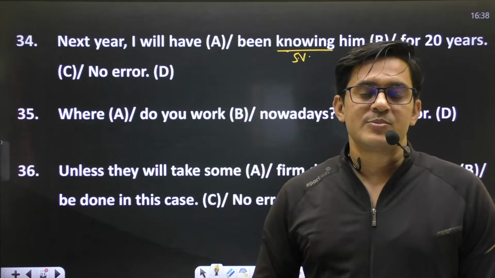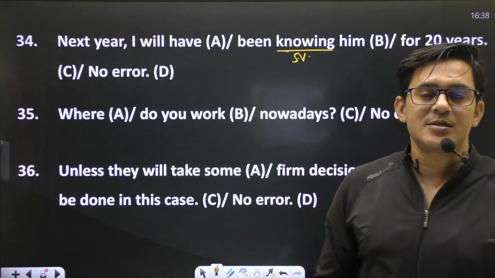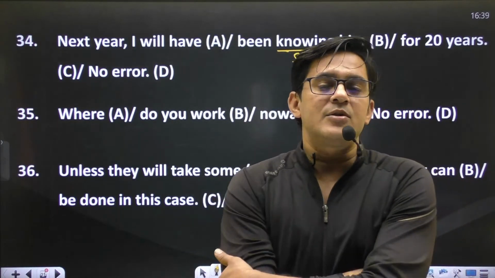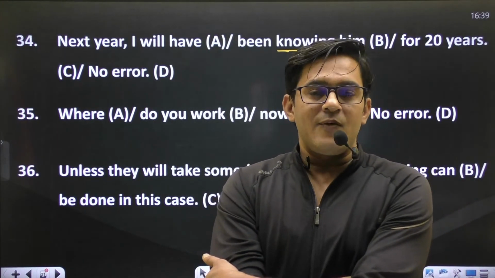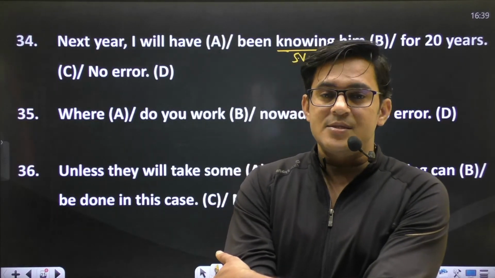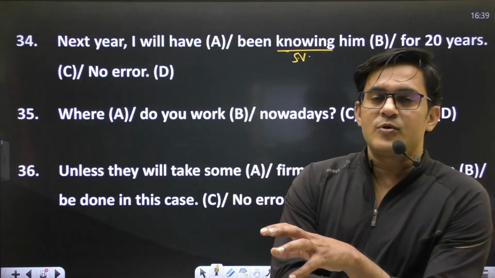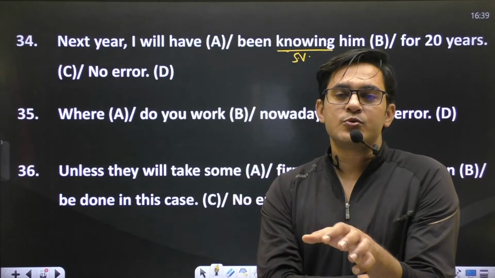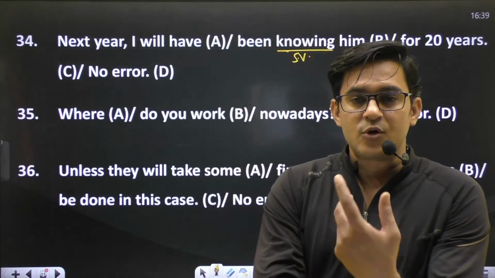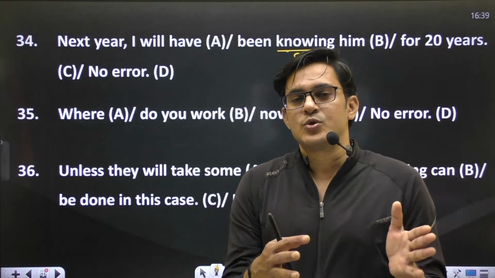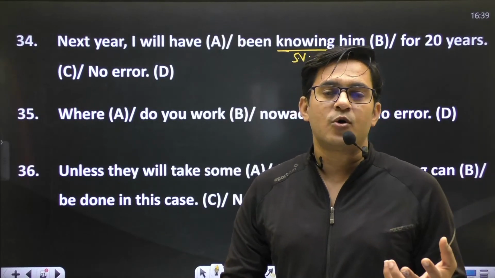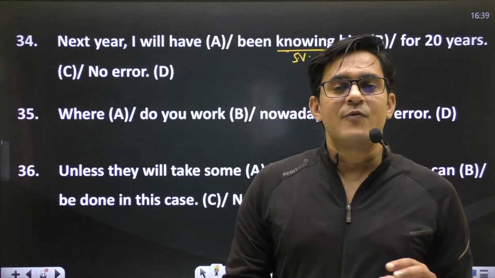What are the stative verbs? Like see, hear, feel, smell, look, taste, appear, seem, sound, and think, believe, rely, trust, hope, want, need, love, like, hate, detest, and contain, comprise, consist. These are the stative verbs, and examiners usually give such verbs in continuous tense, which is not acceptable at all. So just replace that continuous tense with an indefinite or perfect tense.